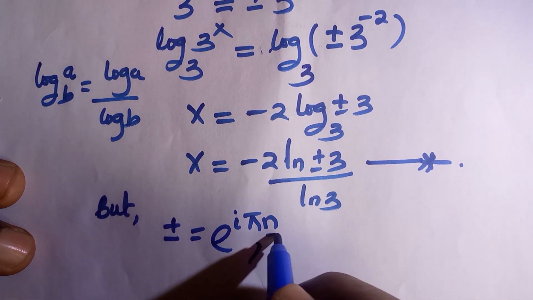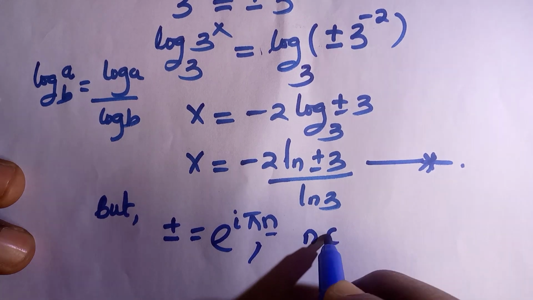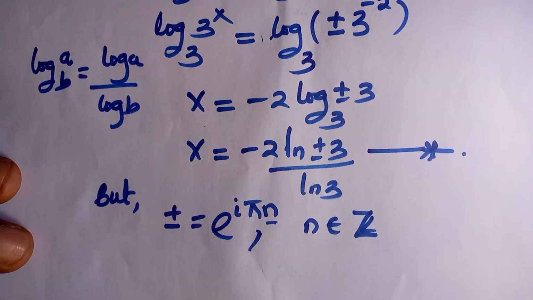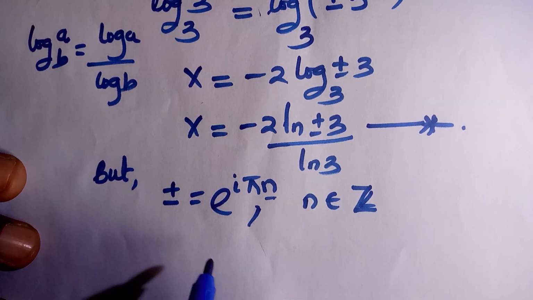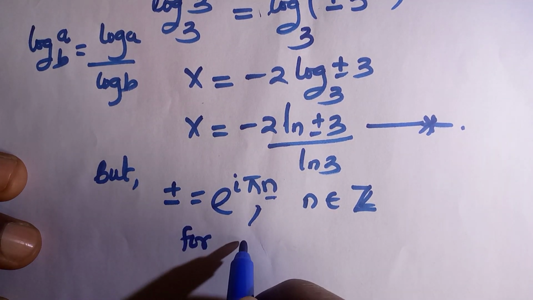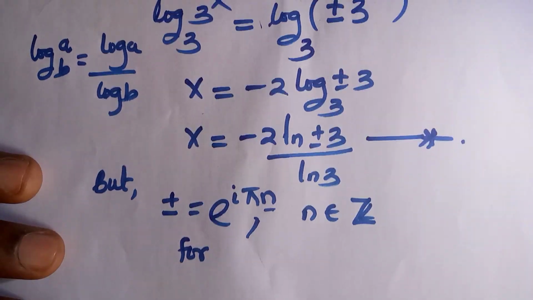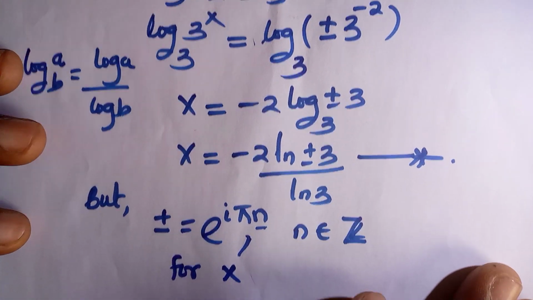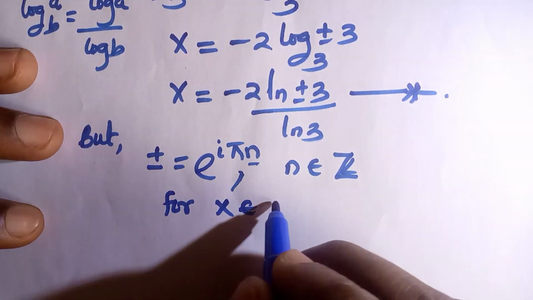And you know that this n here is a member of integers, whereby the value of x that we are given above is a member of complex numbers. All right, so x is going to be a complex number, since we are looking for the complex part of these equations.